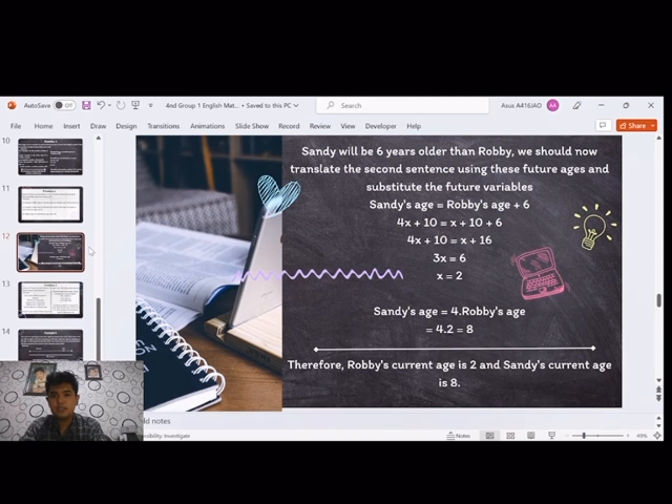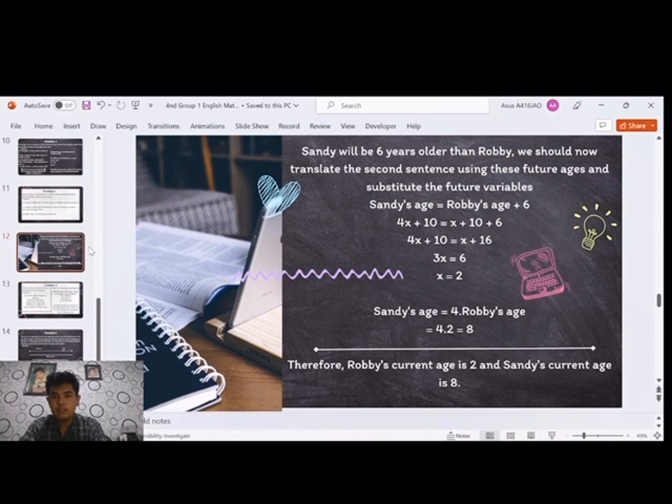We now translate the second sentence using these future ages. Sandy's age equals Robbie's age plus 6. So 4x plus 10 equals x plus 10 plus 6, so it will be 4x plus 10 equals x plus 16.